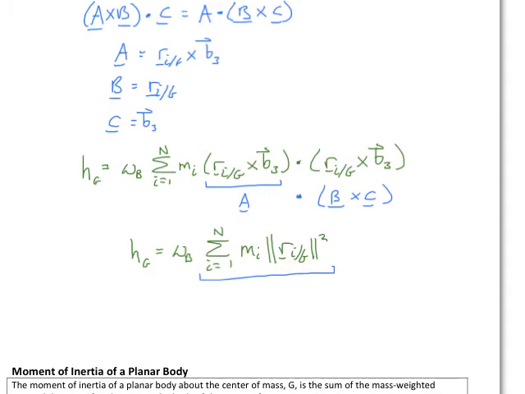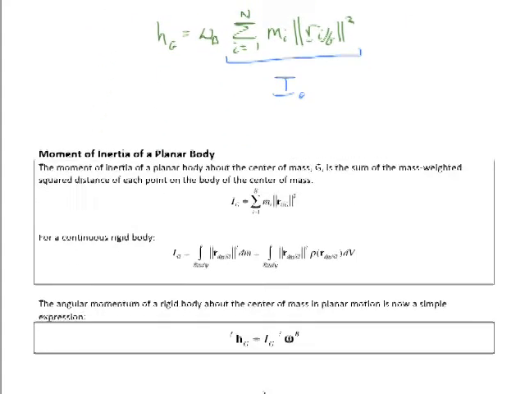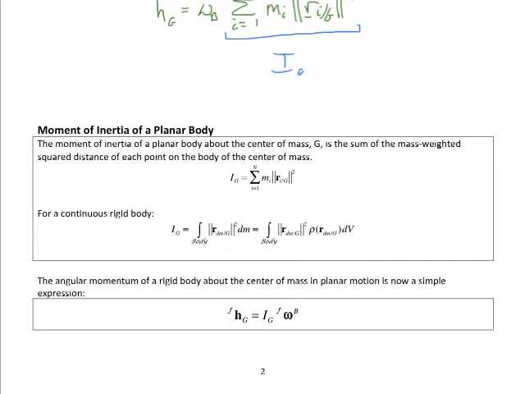And so we call this the moment of inertia, or I sub g. And so we have the formal definition here, which is the moment of inertia of a planar body about the center of mass, G, is the sum of the mass-weighted squared distances of each of the points relative to the center of mass.